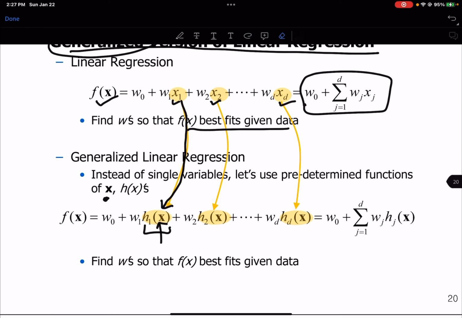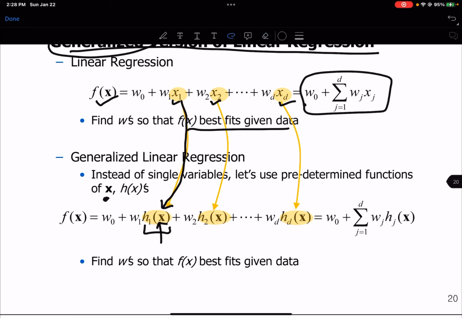Some variables could have a linear relationship and some could have a quadratic relationship. Means your data is better represented as a linear relationship, or your variables could have polynomial representations.